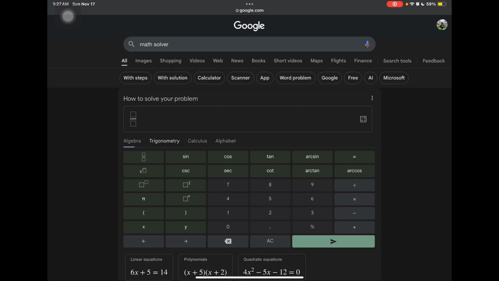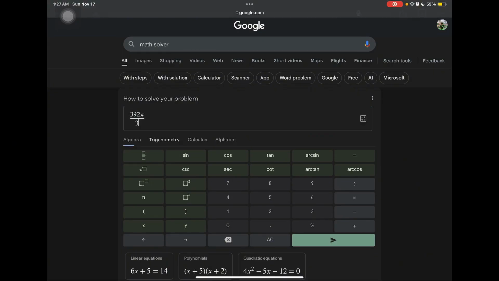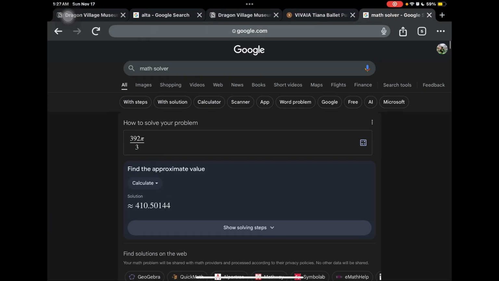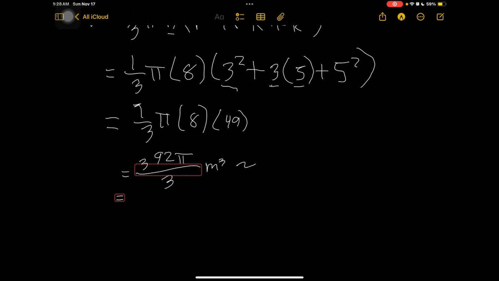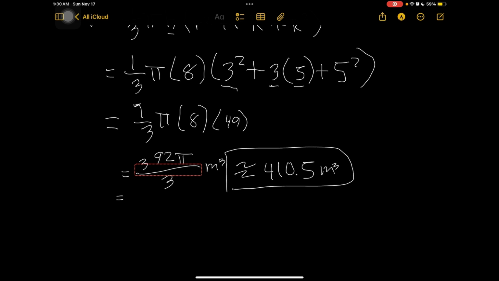So here we divide the 392 pi over 3, which is equal to 410.5 meter cube. So the volume of water the tank can hold is approximately 410.5. That's all. Thank you.